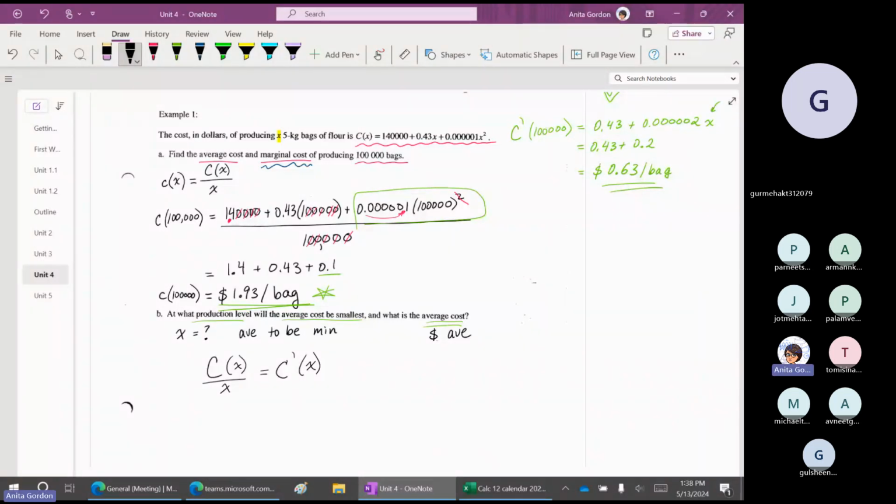So we know that C prime, we already did it on that top part, is 0.3 plus 0.000002x.